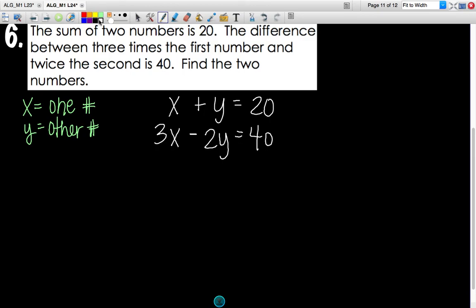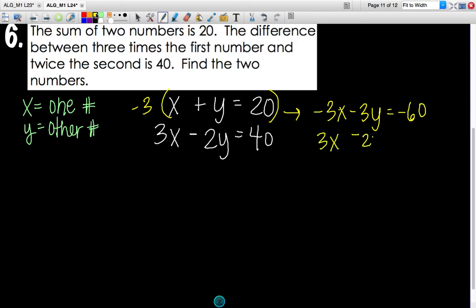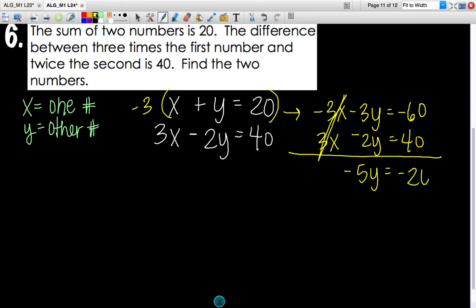So again, I'm going to use the elimination method and multiply the top by -3 to cancel out my x variables. So my new top will be -3x minus 3y equals -60. Bring over the bottom. So my x's cancel. -3x plus 3x is gone. I've got -5y equals -20.